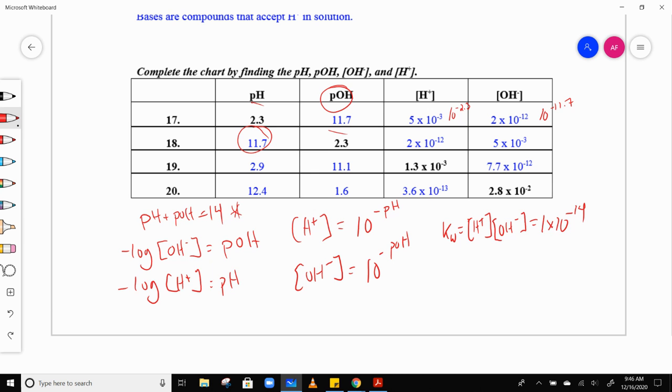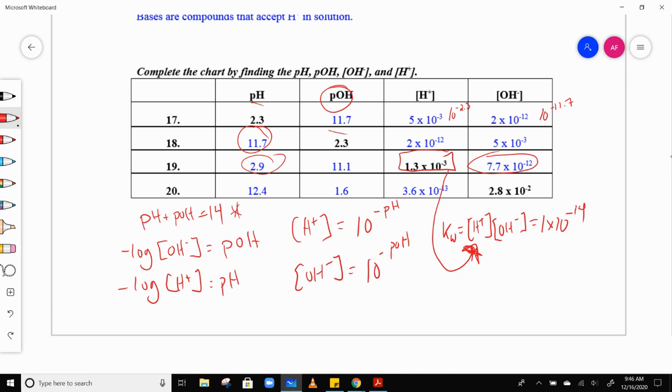If we're given H plus concentration, I tend to like to go to OH minus first, using this equation here. I find that works the best. If you do the negative log of this, sometimes the number doesn't come out exactly.